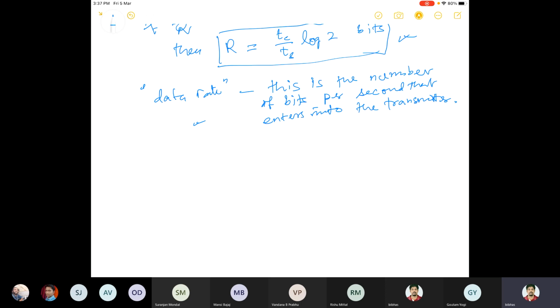And there are a lot of techniques for this block encoding, like linear block encoding, where you will require linear algebra, and then there is something called convolution code, which is also very important, and Reed-Solomon code, and Hamming code.